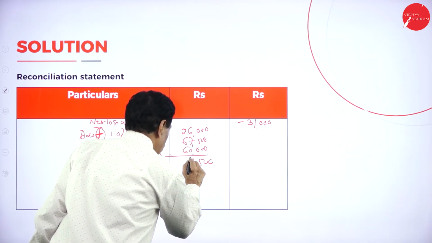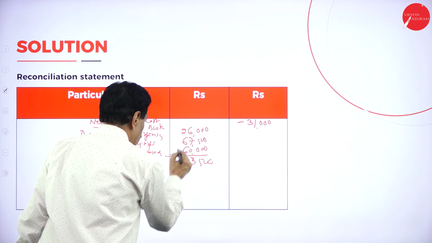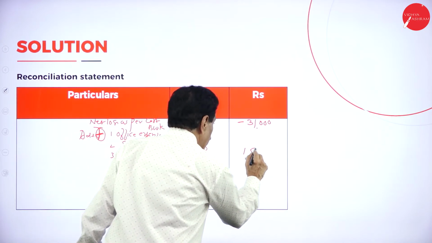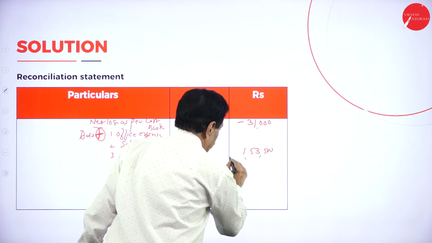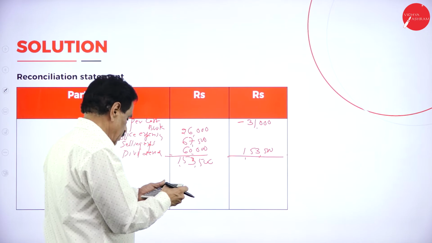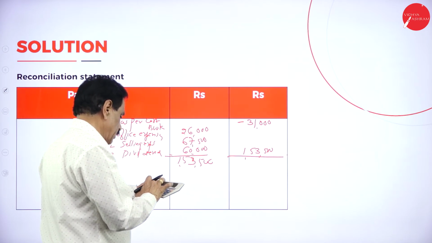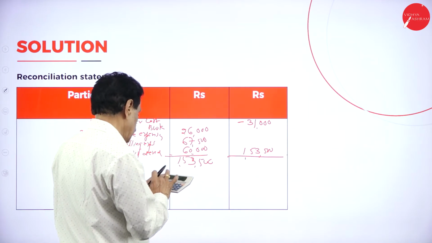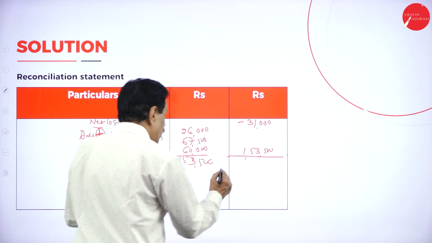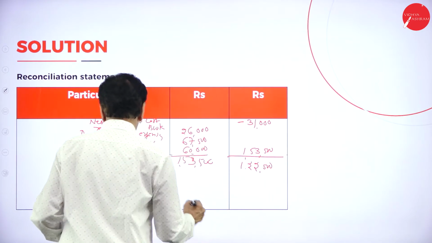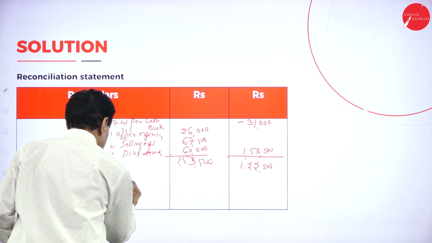1,53,500. 1,53,500 minus 1,22,500. Then less.